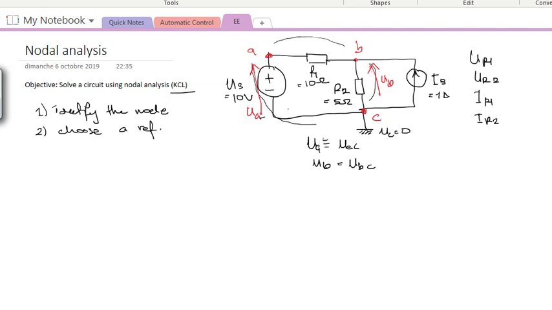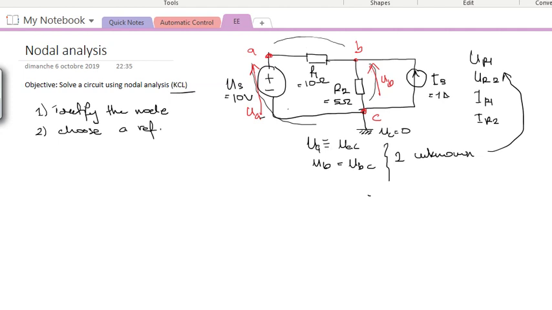Next, once we have chosen the reference, we can see that from the voltages we wrote, there are basically two unknowns, which we previously identified as UR1 and UR2.